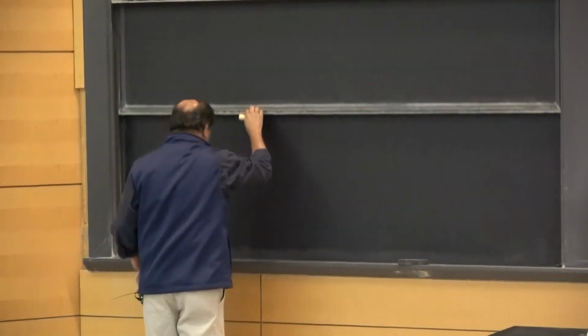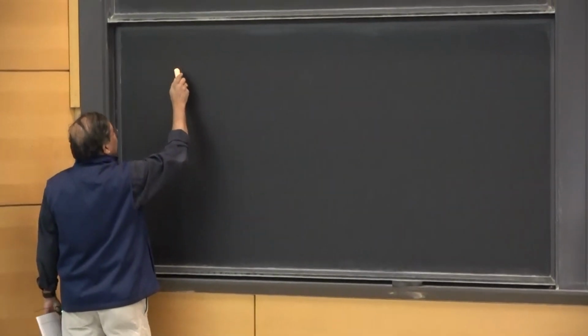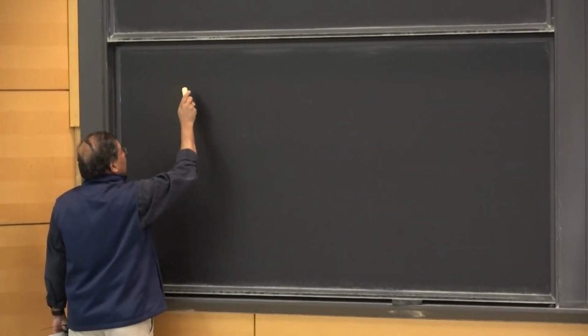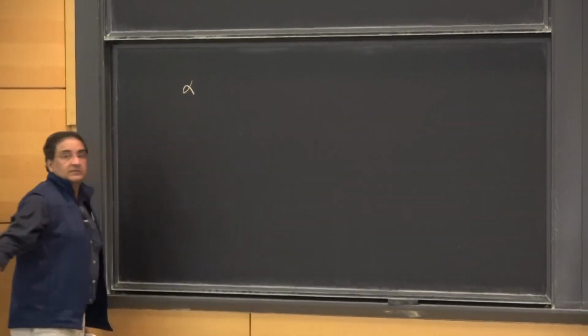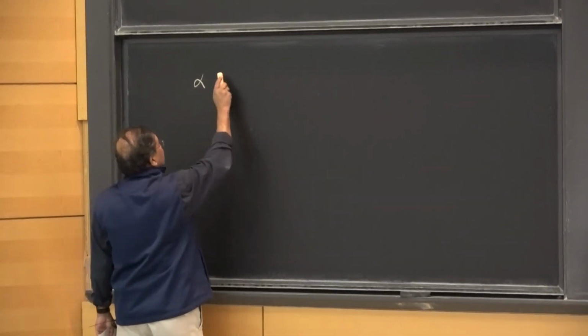So now you see, I can actually define some kind of an acceleration regarding omega, and this acceleration is denoted by alpha. And alpha is actually something very simple.